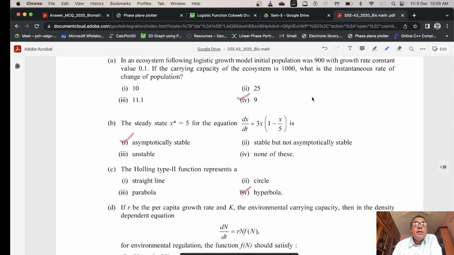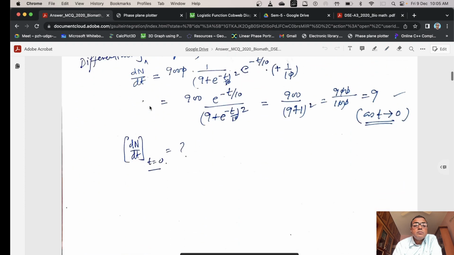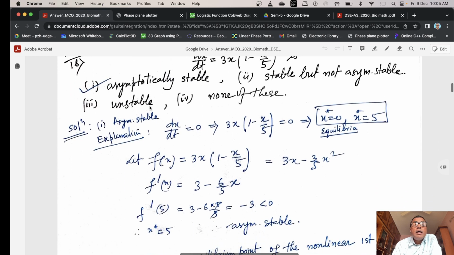Steady state x star equal to 5 for the equation dx/dt equal to 3x(1 minus x by 5) is: first answer, asymptotically stable. Here the equilibrium points are x star equal to 0 and x star equal to 5, because dx/dt equal to 0 gives x star equal to 0 and x star equal to 5.